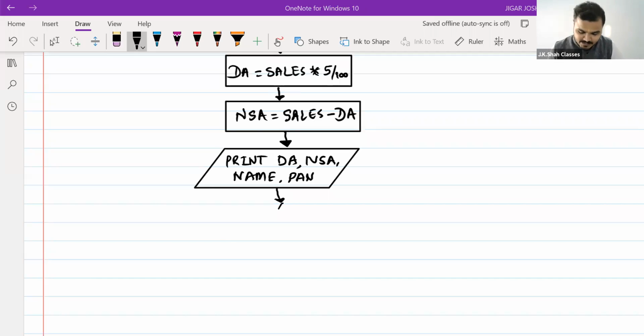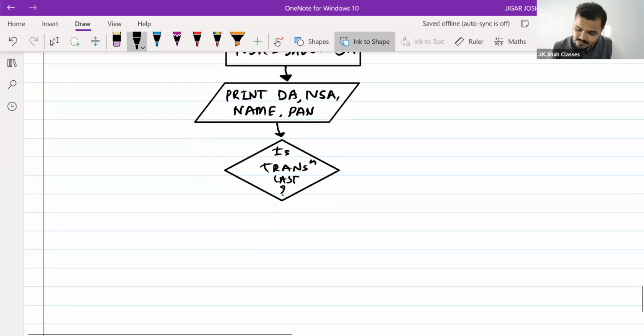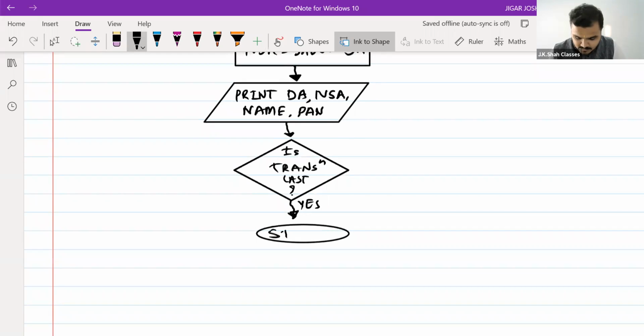Sir, before we shut down any software, it's our responsibility to ask the user. What we will ask is: is this the last transaction? You need to ask very clearly whether it is the last transaction or not. There will be two outcomes. If yes, then stop.